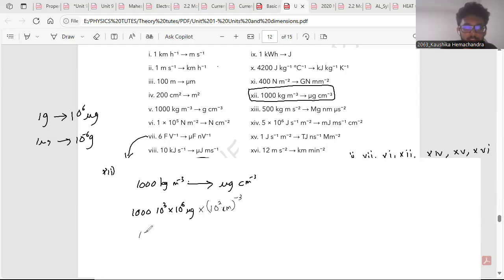So you get 1000, 10 to the power 3. So this becomes 10 to the power 9, 3 plus 6 microgram into 10 to the power minus 6, no? 2 into minus 3. Here this becomes per cubic centimeter. Then 9 plus 3, 12, minus 6, 10 to the power 6 microgram per cubic centimeter.